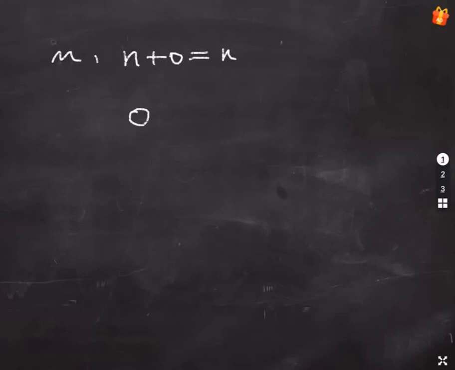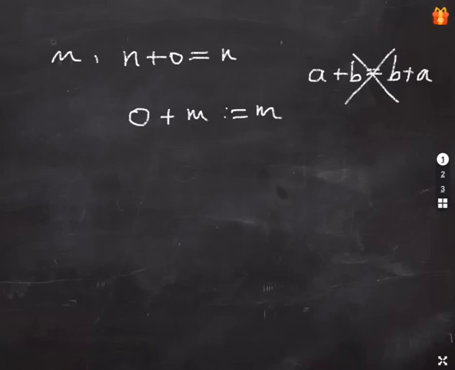Actually, from our definition that 0 plus m is defined to be m. Why not? Because I have not yet proved that a and b in the operation of addition are interchangeable.